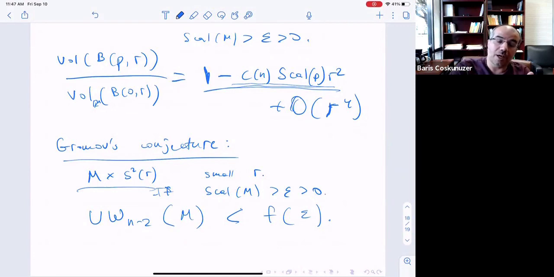Other than Urysohn width, we are really interested in this lower bound for the Gromov filling radius. Is there any other metric invariant or conjecture to bound the Gromov filling radius by using measurements on the manifold, not the width, but something else, to lower bound it?